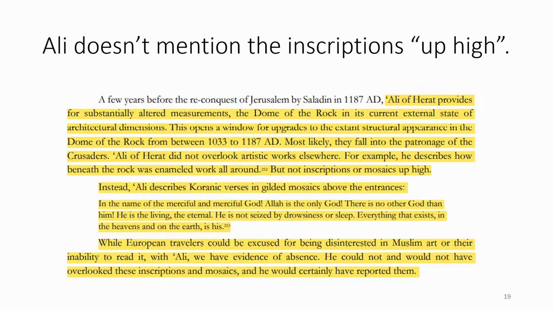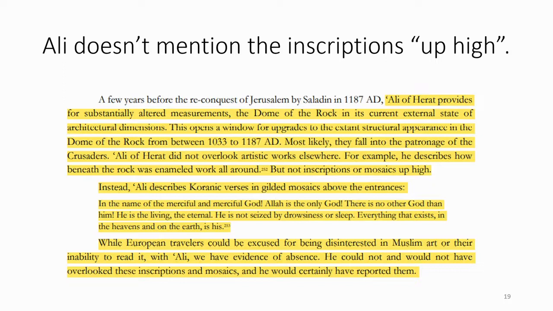Instead, Ali describes Quranic verses in gilded mosaics above the entrances. There's a quote there that he gives. So he could see Quranic verses above the entrances. He can see mosaics and other artistic works down beneath the rock, but he doesn't see anything above his head.